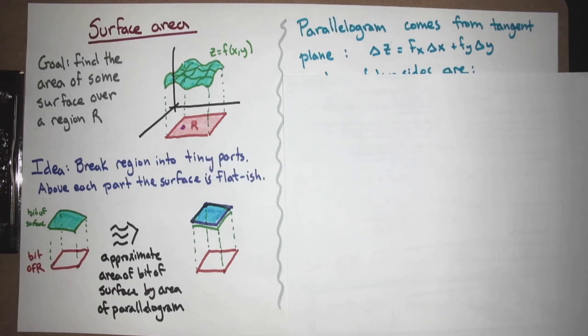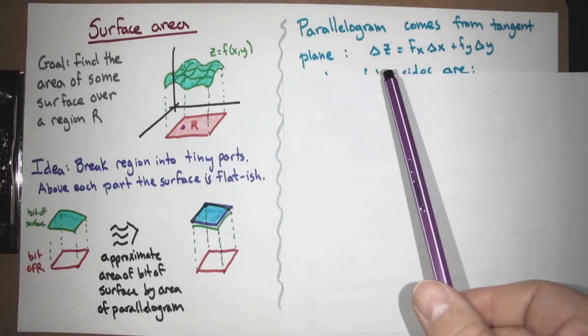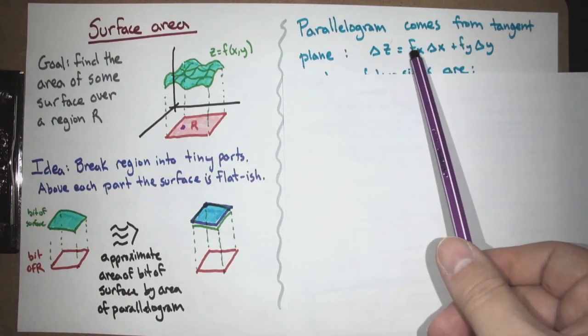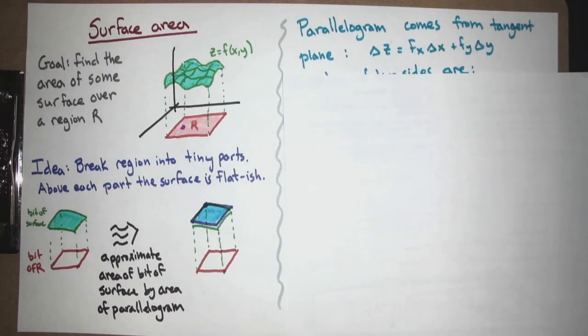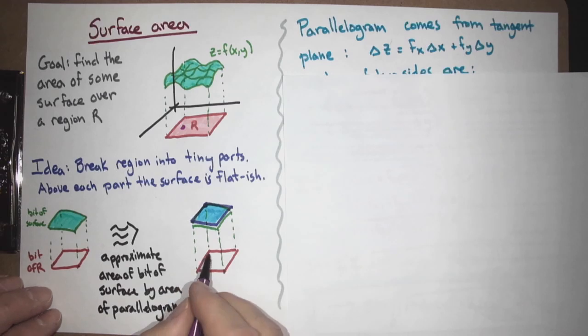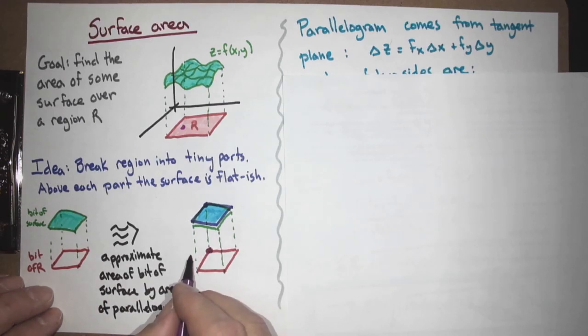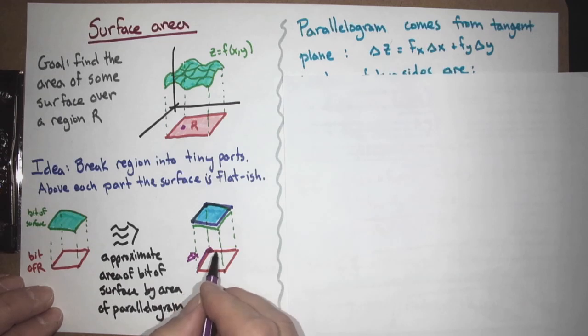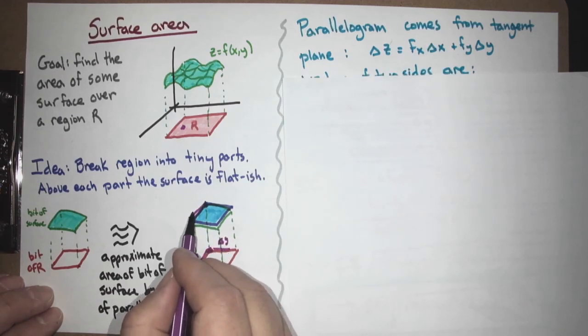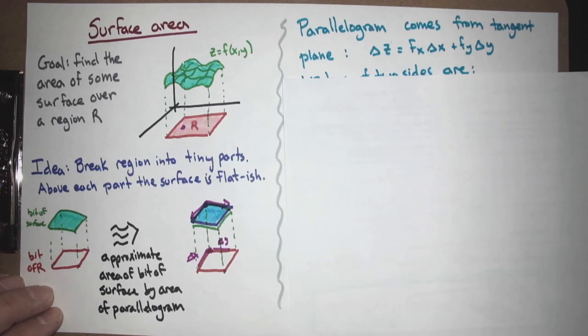Now, one way to think about it, if we think about it in terms of linearization, is change in z is fx change in x plus fy change in y. So if this is my point, then my change in x is down here. My change in y is here. Then I can say, well, what happens? What are these vectors upstairs?